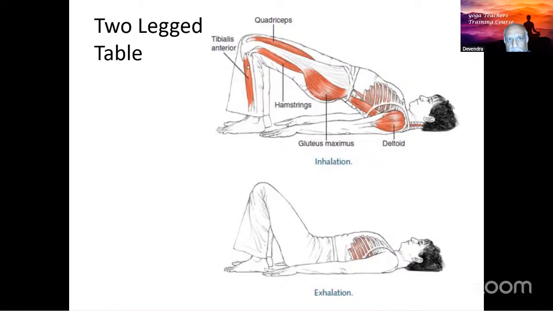The tibialis, which is the one at the front of your foot, is activated. Your hamstrings are activated, which another pose also does. So that's helpful. And then you have quadriceps, which we talked about. The deltoids is heel. And when you relax, of course, everything's relaxed. So up and down, this is a good one.